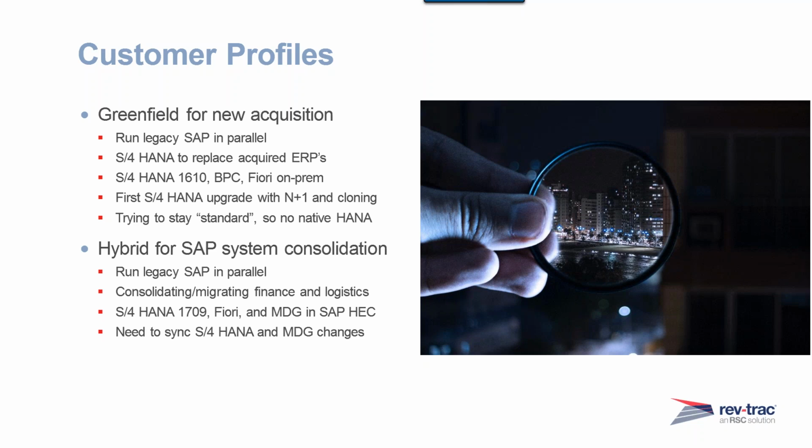They're also running MDG, or Master Data Governance, on S4HANA, and we're working with them to enable RevTrac to automate the synchronization of the S4HANA and MDG changes. They're running these systems in the HANA Enterprise Cloud environment. So that was one of the customers in HEC, as it's called. So there's 2 quick profiles.